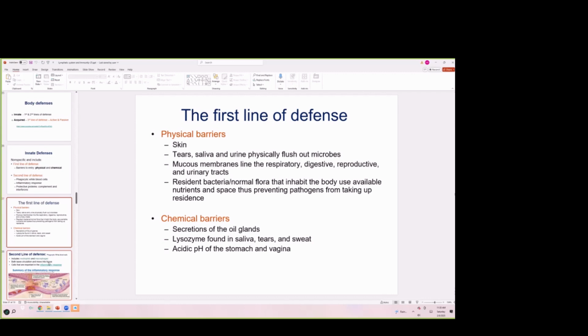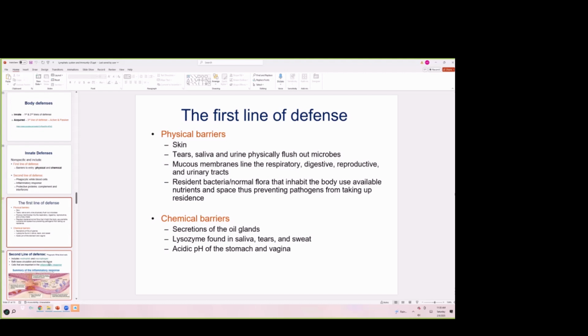And they also have these hair-like structures called cilia on them. If foreign stuff wants to get in, it gets trapped by the mucus, and then the cilia whip it up and bring it out so that you could cough it out and blow it out. Our digestive tract also has mucus. Our reproductive tract, our urinary tract, all of these have things that would gum up any microbes to make sure that they can be flushed out.